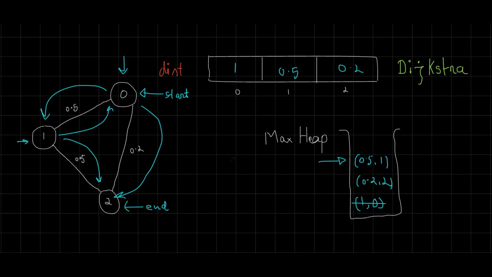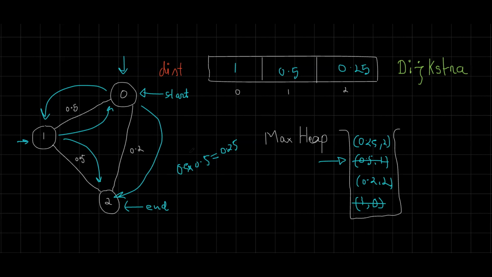So if we go to 2, the probability will be 0.5 multiplied by 0.5, which is 0.25. Now, we have to assign 0.25 to node 2 and we have to remove it. After that, we have to assign 0.25 with the value of 2 here.